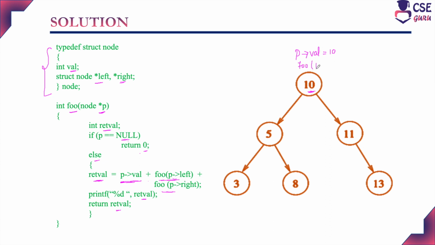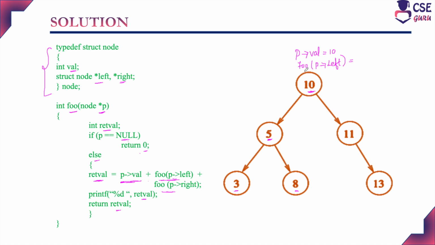What are all the nodes present on the left? We need to find the return value for node 5, node 3, and node 8. All these 3 nodes we have to find the result for, then only we will get foo of p of left.